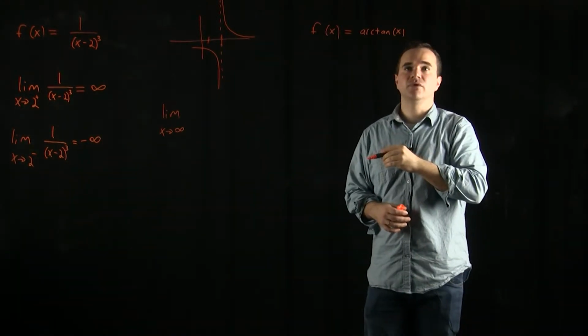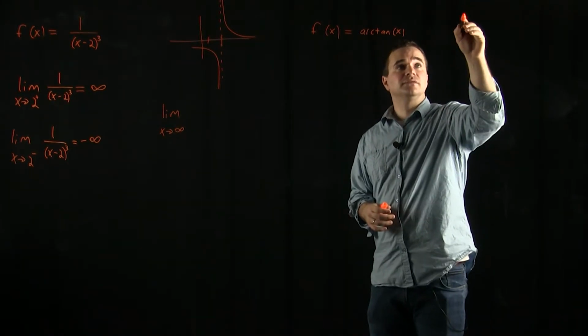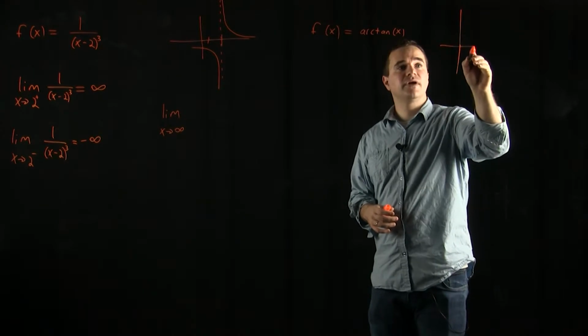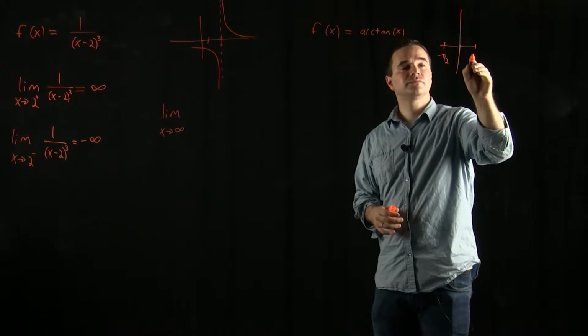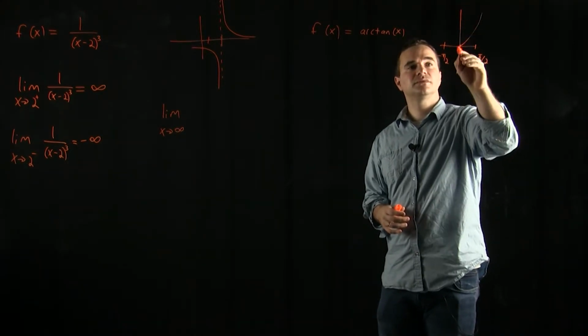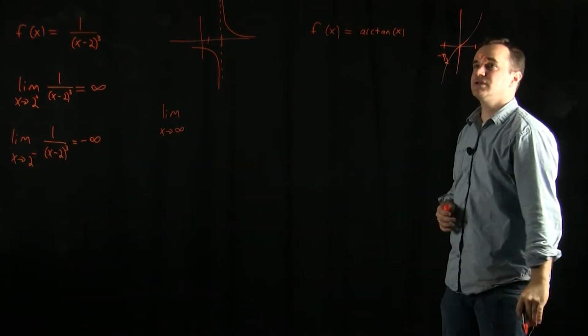So you may remember that the tangent function, the graph kind of looks like this. You isolate negative pi over 2 to pi over 2. So that has two vertical asymptotes.